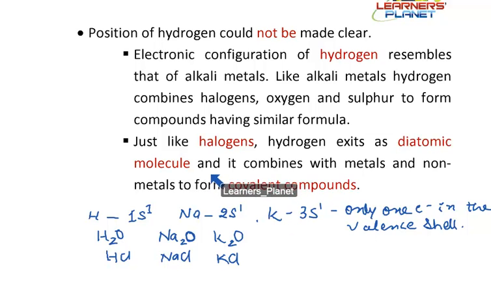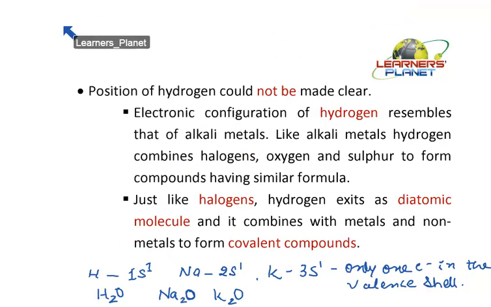Now let's see the other point, that is, just like halogens, hydrogen exists as a diatomic molecule. Hydrogen, how does it exist? It exists as H2. Halogens, how do they exist? Cl2, Br2, I2. So it is just like halogens also.